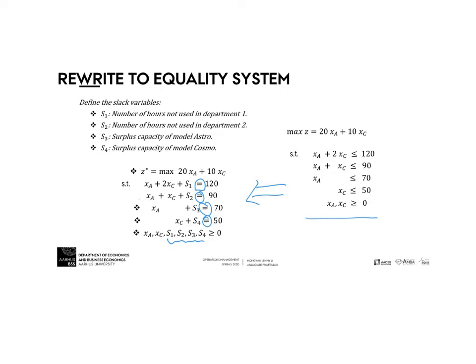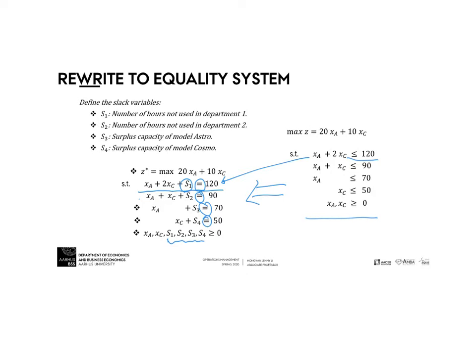We can take one example: XA plus 2 times XC plus S1 originally should be less than or equal to 120, and now we add one non-negative value S1 on the left-hand side. Then it's possible to change this inequality into an equality. With the same idea, we transform the inequality system into an equality system.